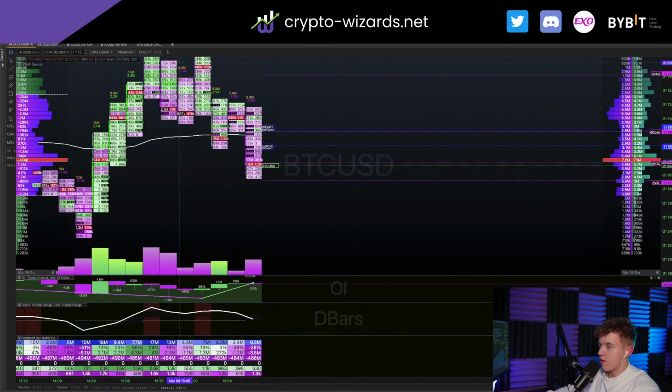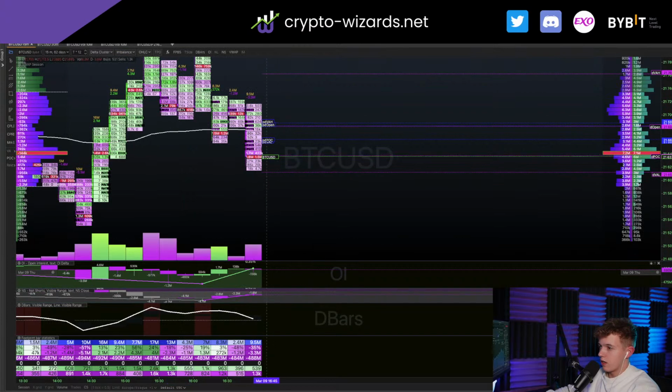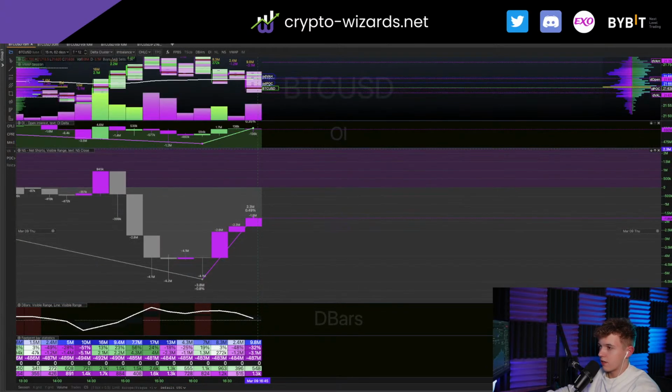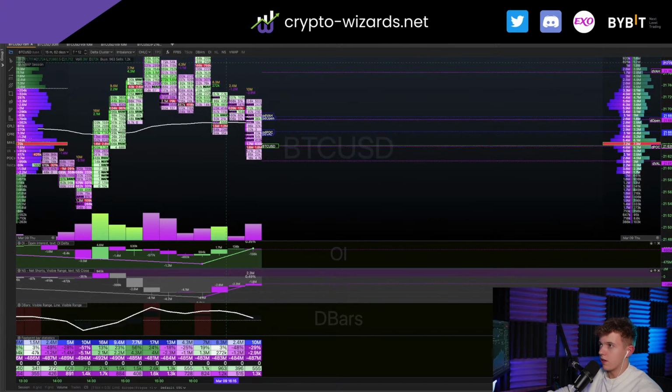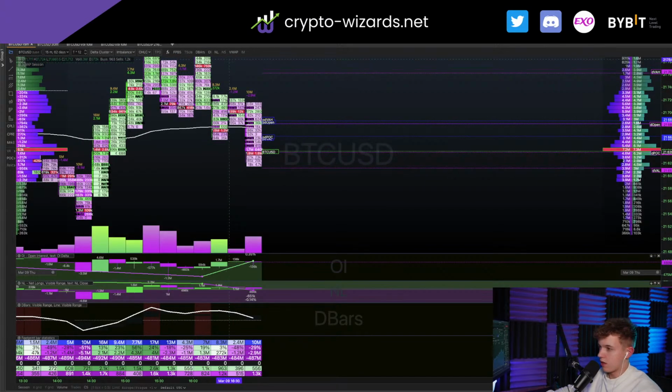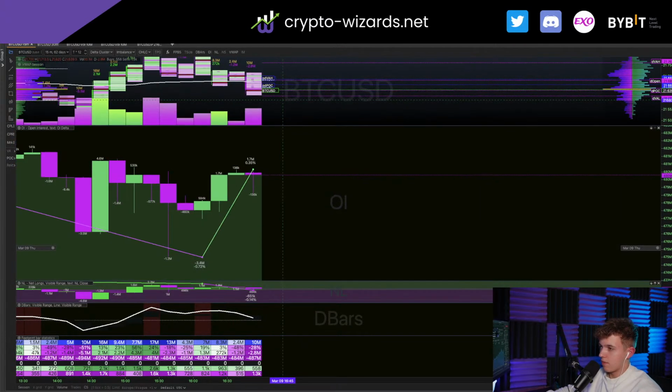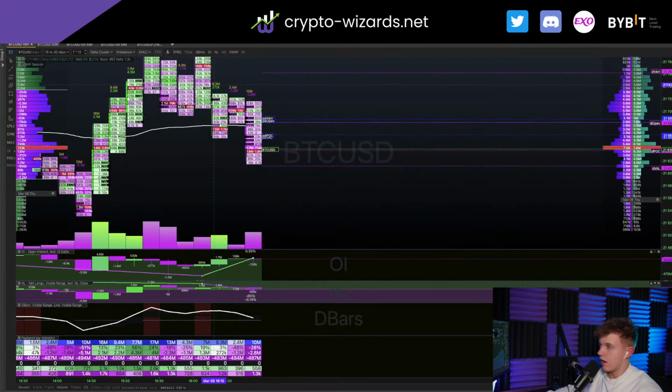Yeah, the shorts are being very aggressive into this, as you can see, and it's stopping long on this. Yes, also a long hand. Yeah, the long hand is not dead. That's crazy yet.